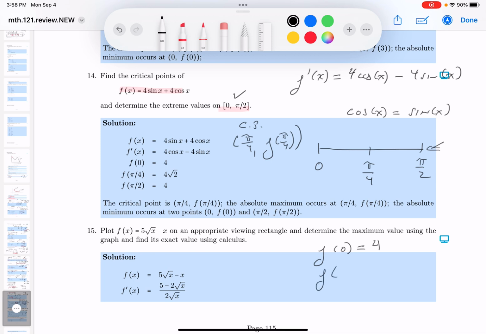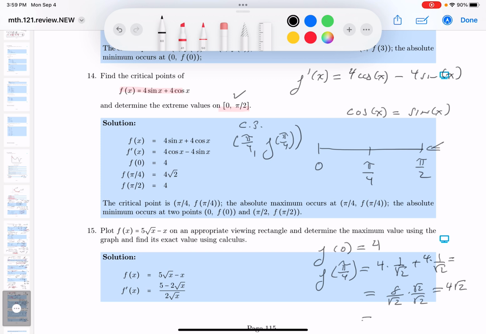What's f of pi over 4? Let's write it down. It's going to be 4 times 1 over root 2 plus 4 times 1 over root 2. Kind of a nasty number. What's it going to give me? 8 over root 2. I'm going to rationalize it. Root 2 times root 2 is 2, and 2 goes in 4 times, so 4 root 2.